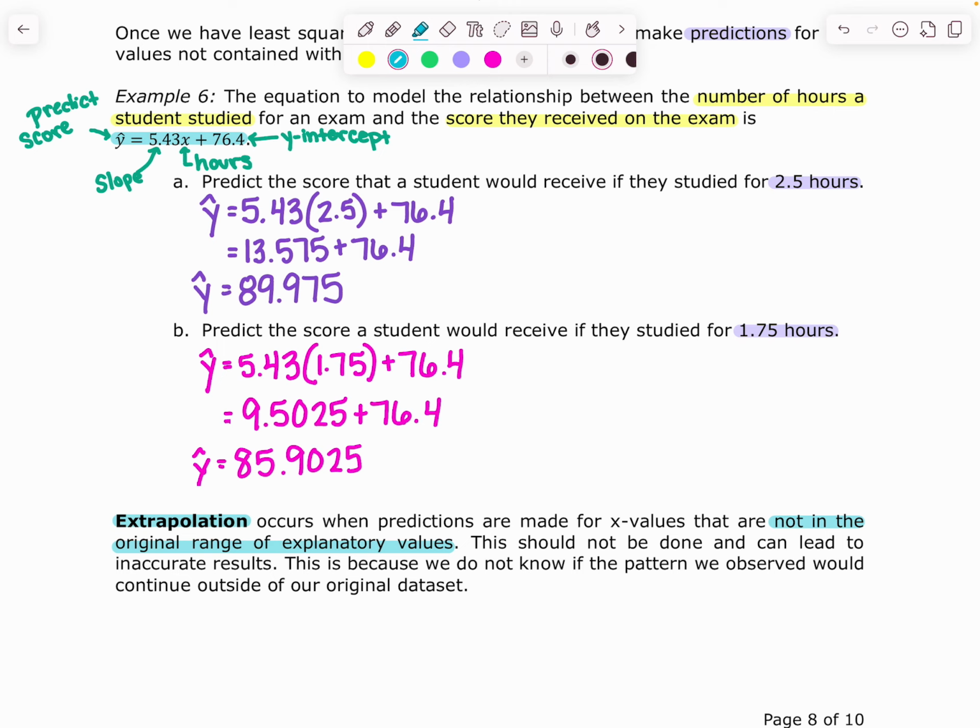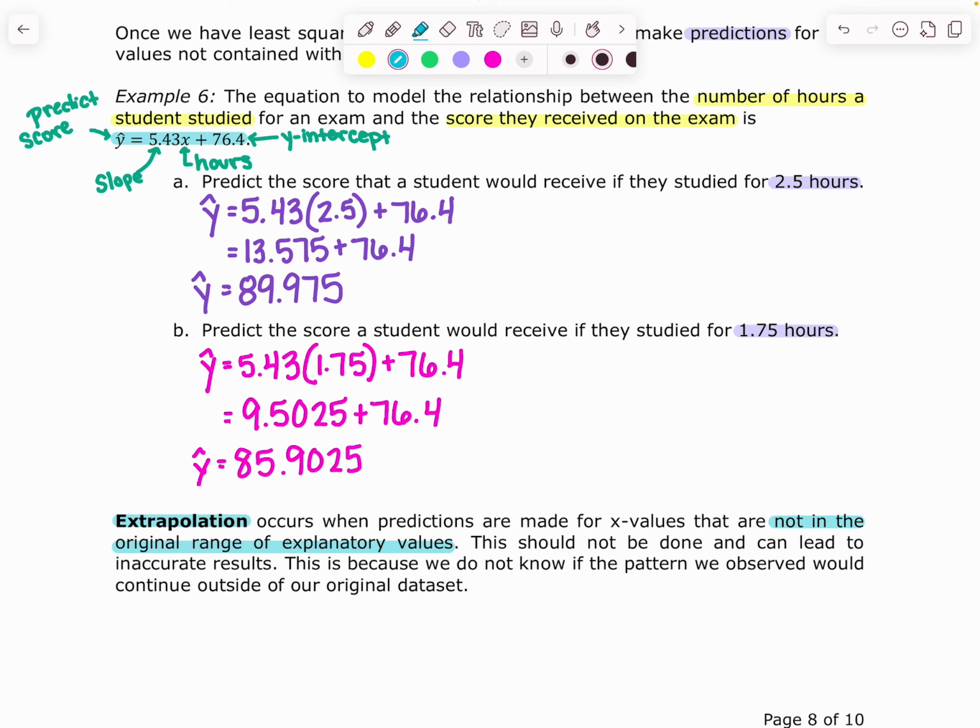So we want to be careful about this because it can lead to inaccurate results because we don't know if the pattern that we observed would continue outside of that original data set. If a student who studied for 4 hours got a 99, let's say, how much more would I get for studying 6 hours?